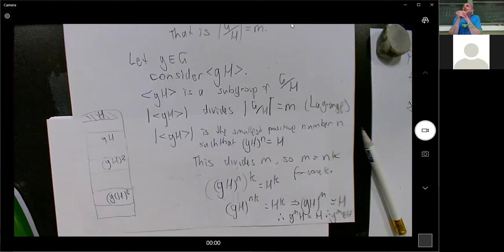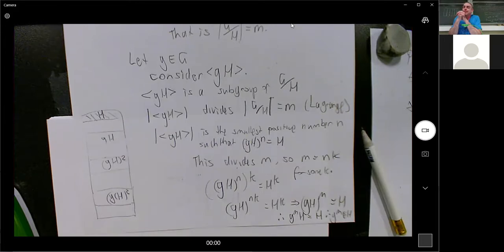This is one of the big switches in group theory that we make: a subgroup is a subgroup, sure, but it's also an element of another group, which is the factor group. It's a real big switch that we make.